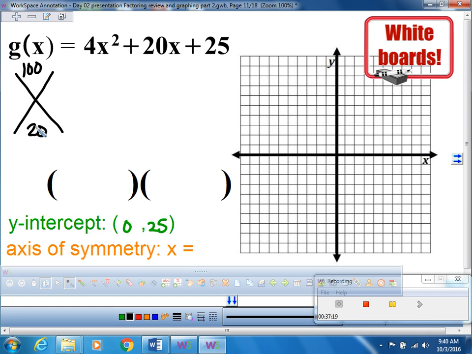You're right, 10 and 10. 10 times 10 is 100, and 10 plus 10 is 20. Right? This is the best way. If you're having a hard time, this is the best way.